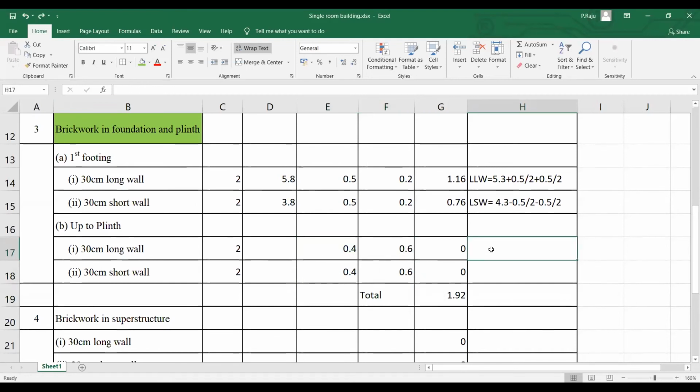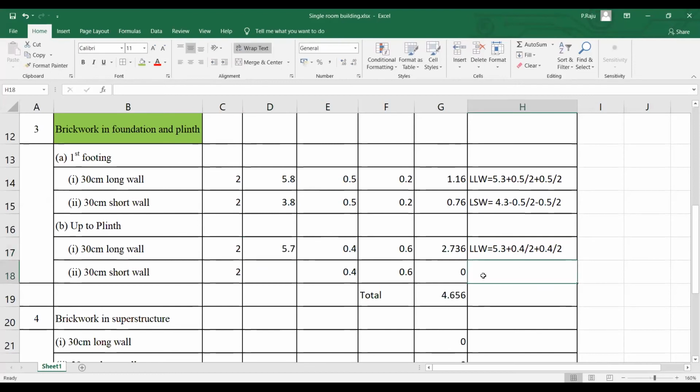Then what about length of long wall? Length of long wall is equal to center to center line length, same 5.3. Okay, plus what is the width here? 0.4. So half width on one side, 0.4 by 2 plus 0.4 by 2. So it is totally 5.7.